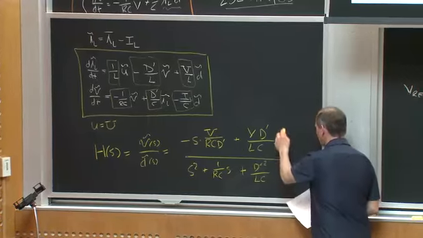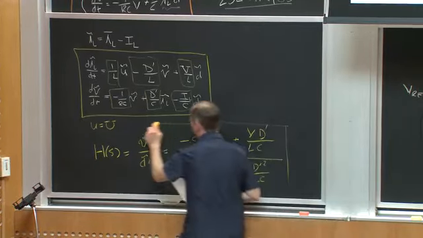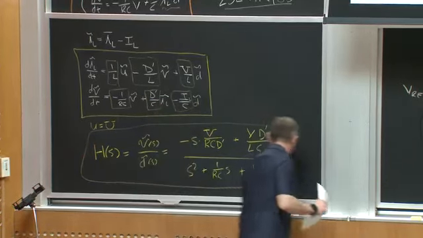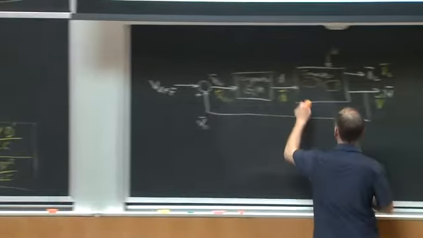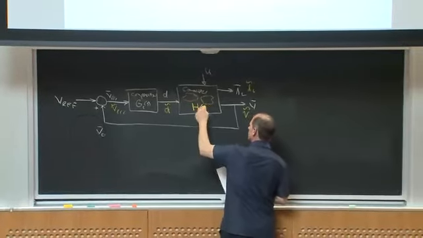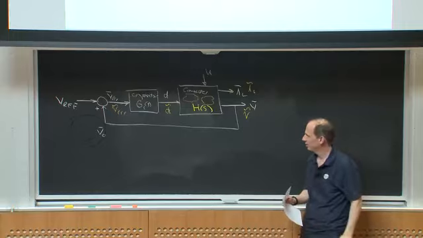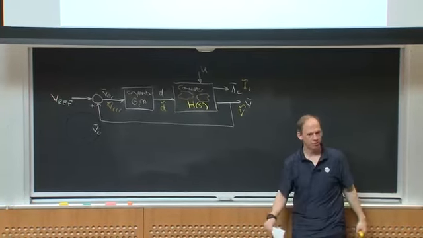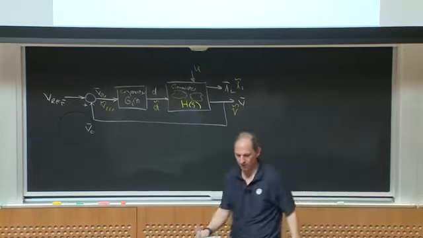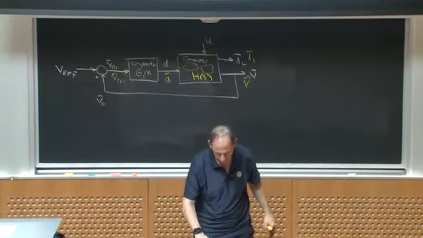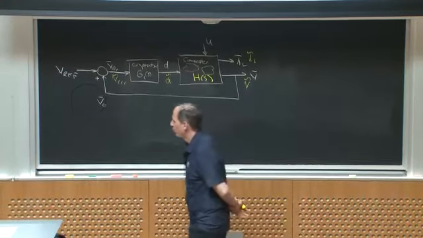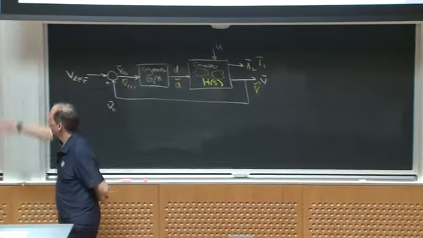So this is now a transfer function, and I can just stick H(s) in here and get my transfer function from D tilde to V tilde, and now I'm in a position to do control design. Before I move on, are there any questions about any of these steps?